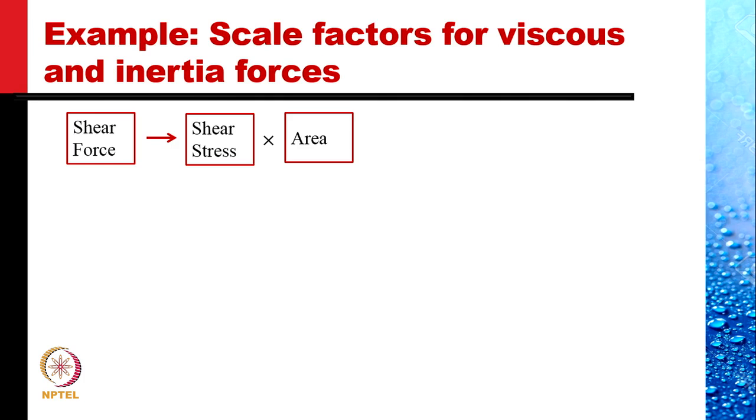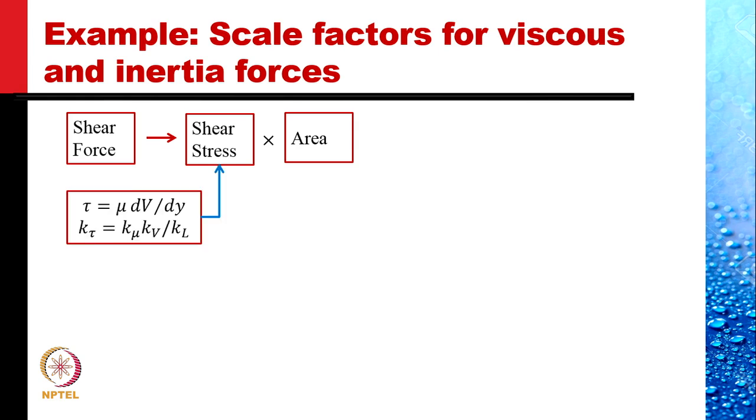To obtain viscous shear forces, we notice that shear forces are like shear stresses times the area. The shear stress is given by the Newton law: shear stress is mu dV by dy, the velocity gradient. So the scale factor for shear forces is like K mu times Kv divided by Kl.